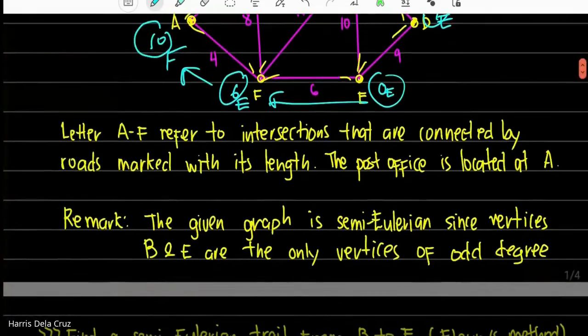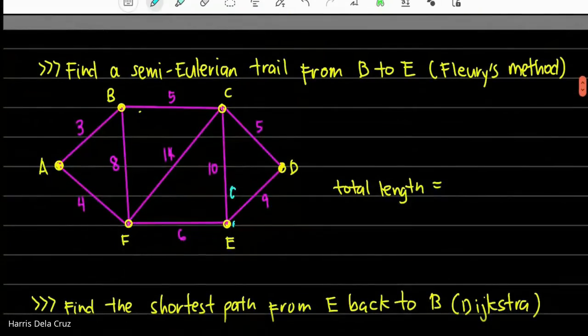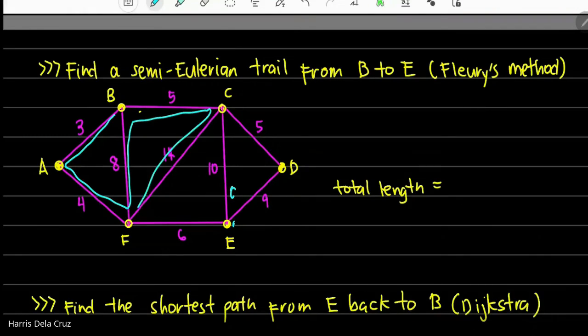So anong nangyari? Di ba kanina naghanap muna tayo ng semi-Eulerian trail. For example, kanina kumuha ako ng trail from B, paikot. Yan. So that's a trail from B to E. So nakuha ko na lahat ng edges. So ano magiging total length niyan? Simply the sum of all the weight of the edges.